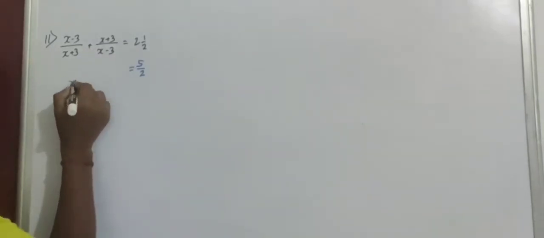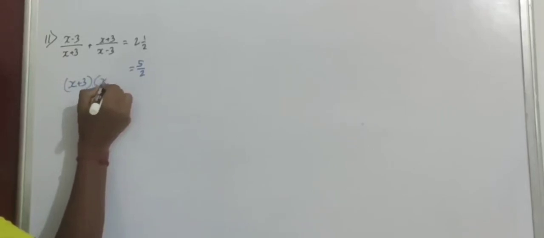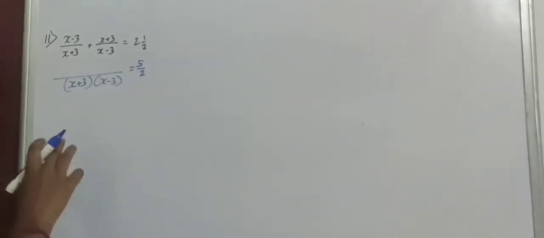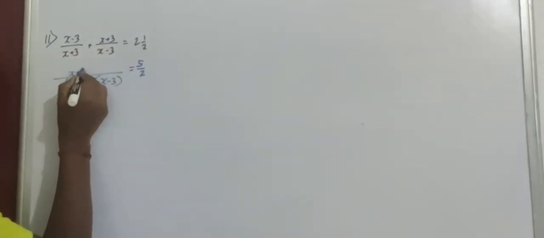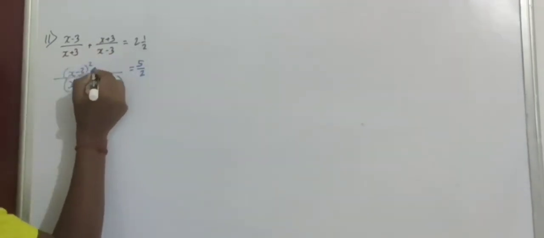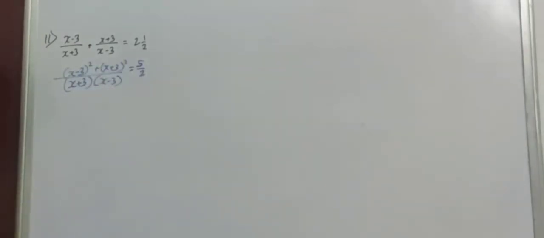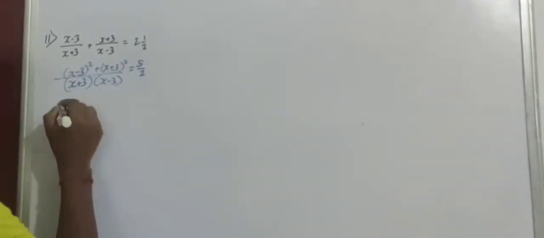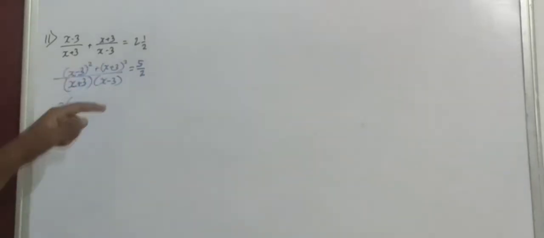So it will be the product of it, x plus 3 and x minus 3. Now on the above we have to multiply this and this and this and this. So we can say that this will be the square of it. Now cross multiply 2 with this and 5 with this. And at the same time we will open these two brackets also.